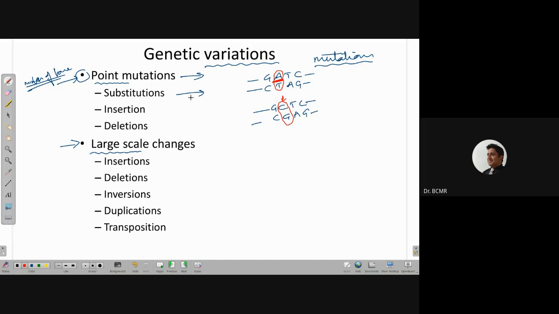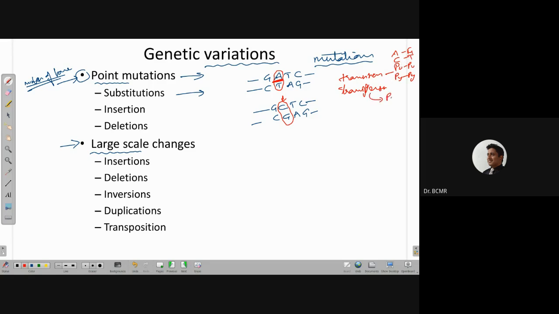And if you remember, you must have heard the words transition and transversion. Transition is purine to purine or pyrimidine to pyrimidine, right? That means A to G or C to T or vice versa.